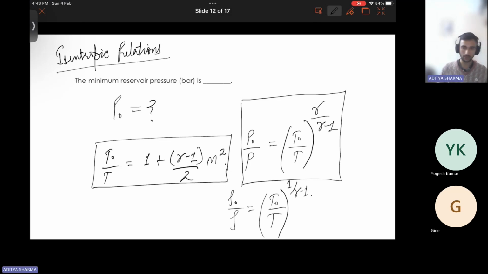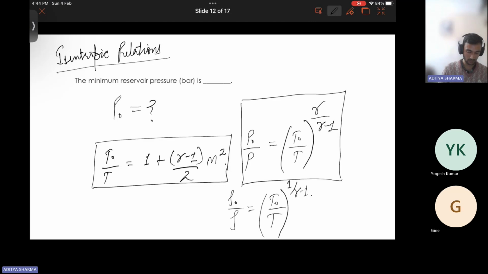So any doubt in this question now? This was straightforward, but you have to take care that the reservoir pressure is the stagnation pressure, and at the end the static pressure of the sonic flow will be equal to the static pressure of the atmosphere.